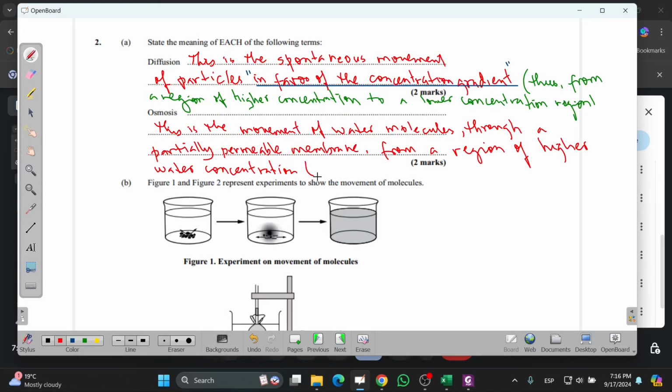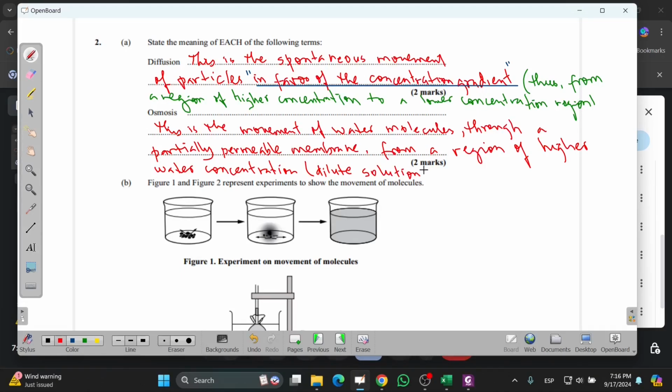Or you can say more dilute, right? Or you can say a dilute solution.